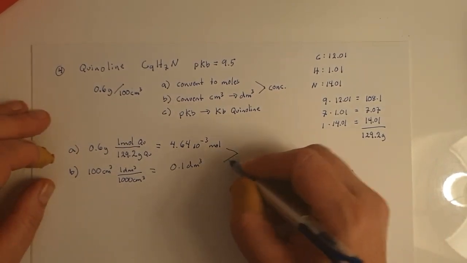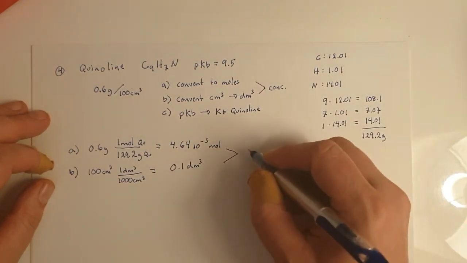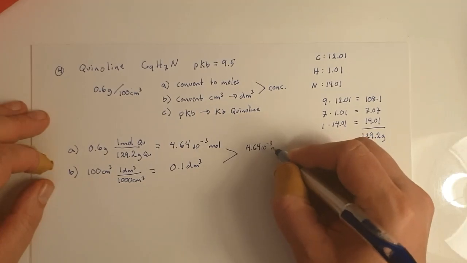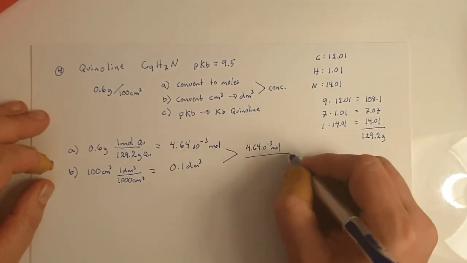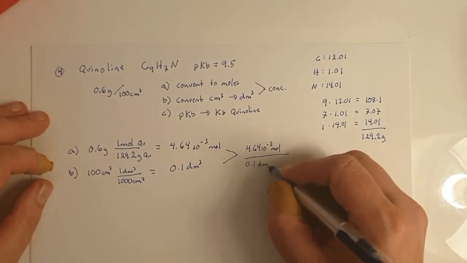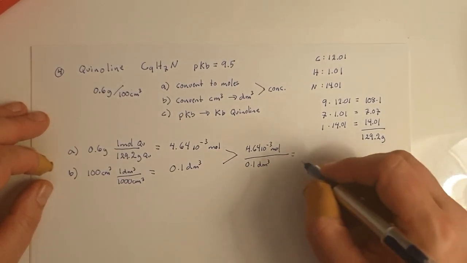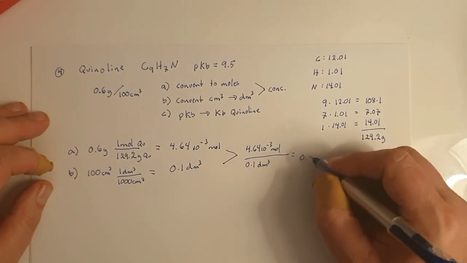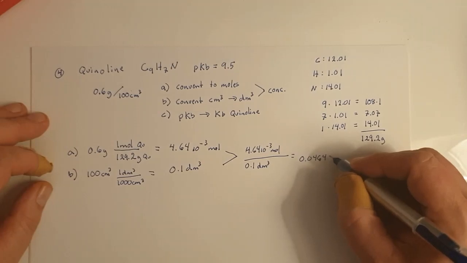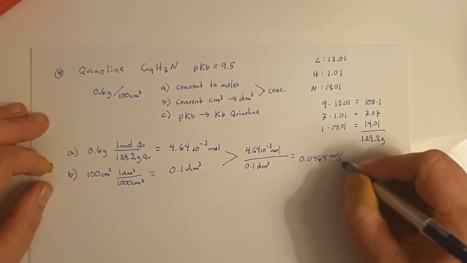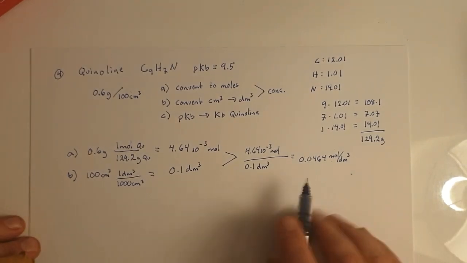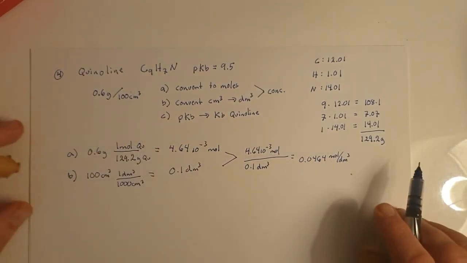So combining those two, we have 4.64 times 10 to the minus 3 mole divided by 0.1 dm3, which equals 0.0464 moles per dm3. That's the concentration of the saturated quinoline solution.